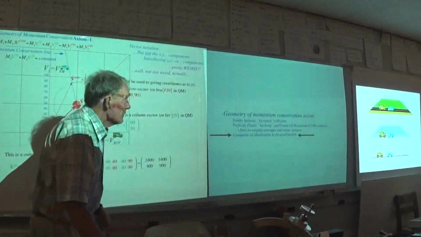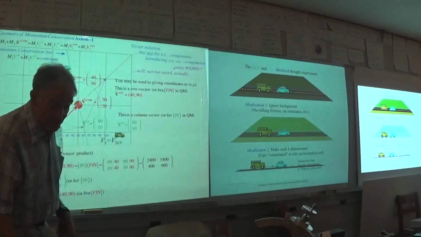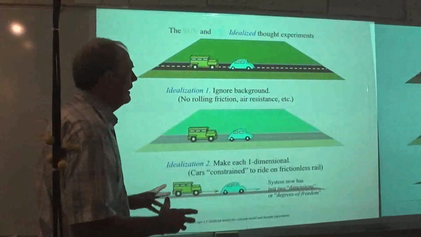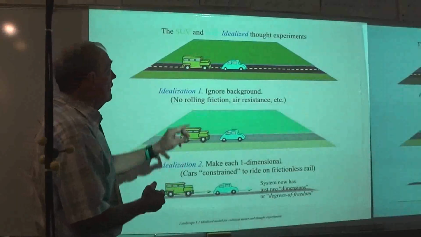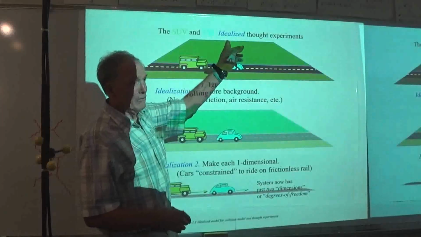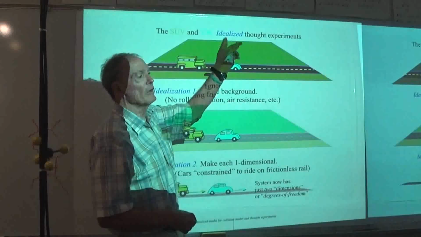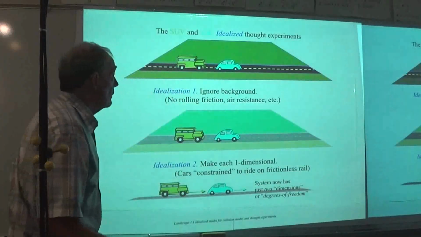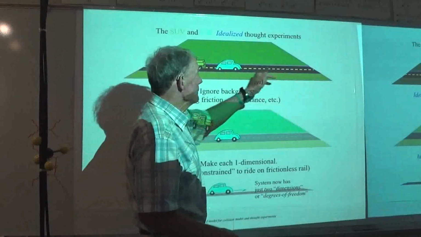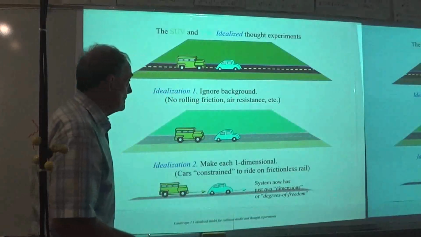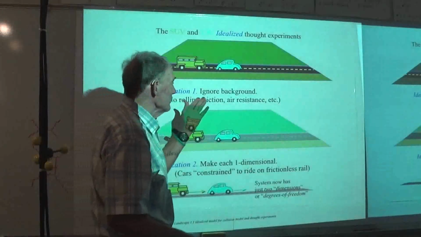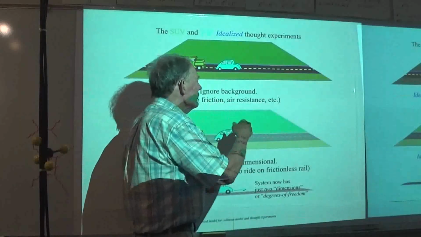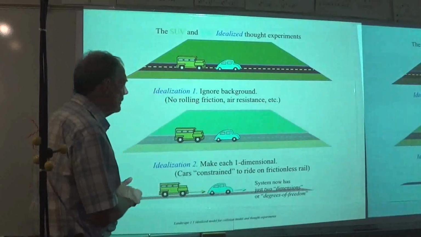But let's pause and do something physicists have to do by law. Some kind of law is out there that says you have to state that the model you have is idealized, and the fine print that goes with a model. What we've got here is just one dimension of a highway, and we're ignoring friction, rolling friction, all kinds of frictions, except the actual resistance to collision does play a role here.